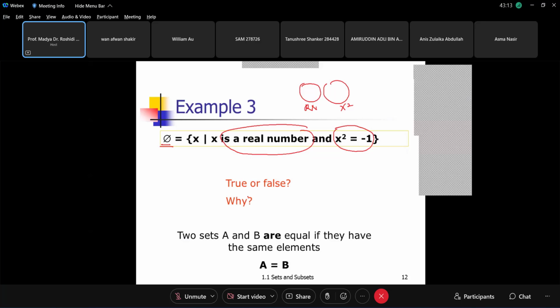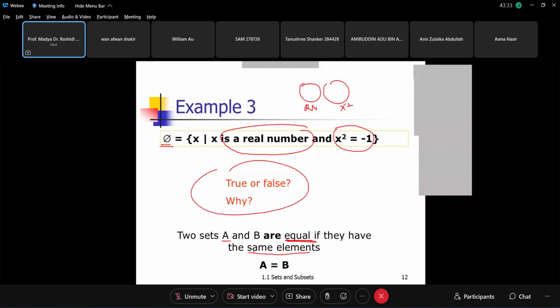And true or false. Okay, and why? Because they have no relation between these two sets. Okay, if two sets A and B are the same, equal, when they have the same elements.